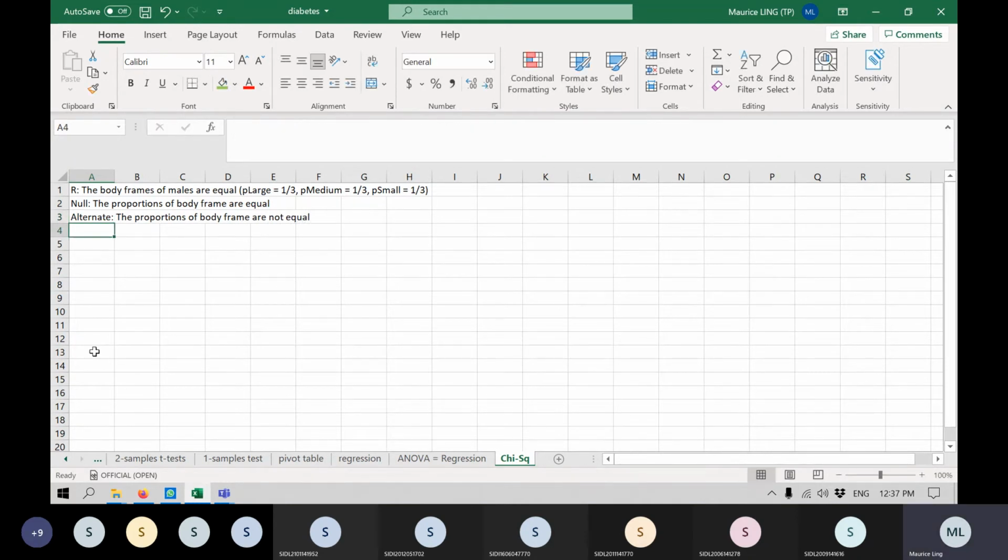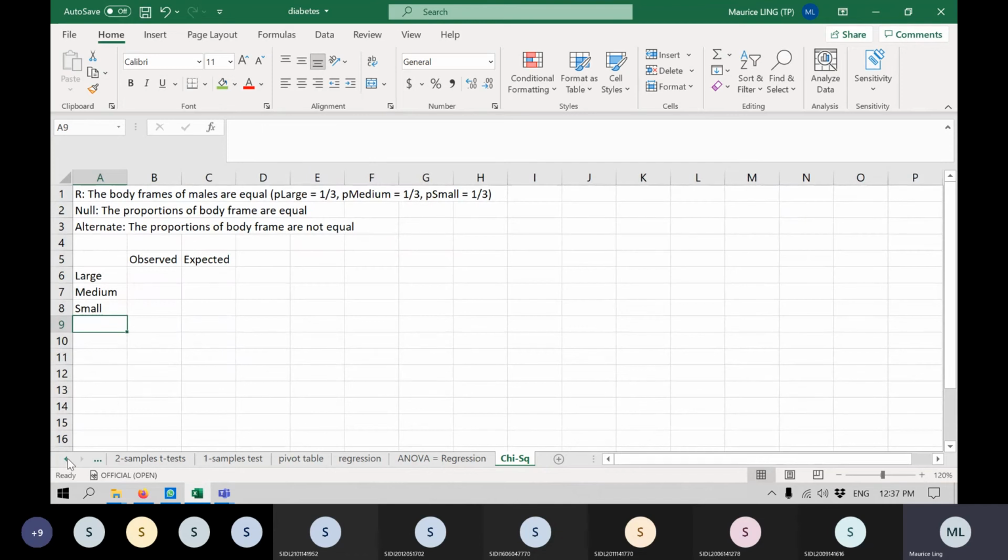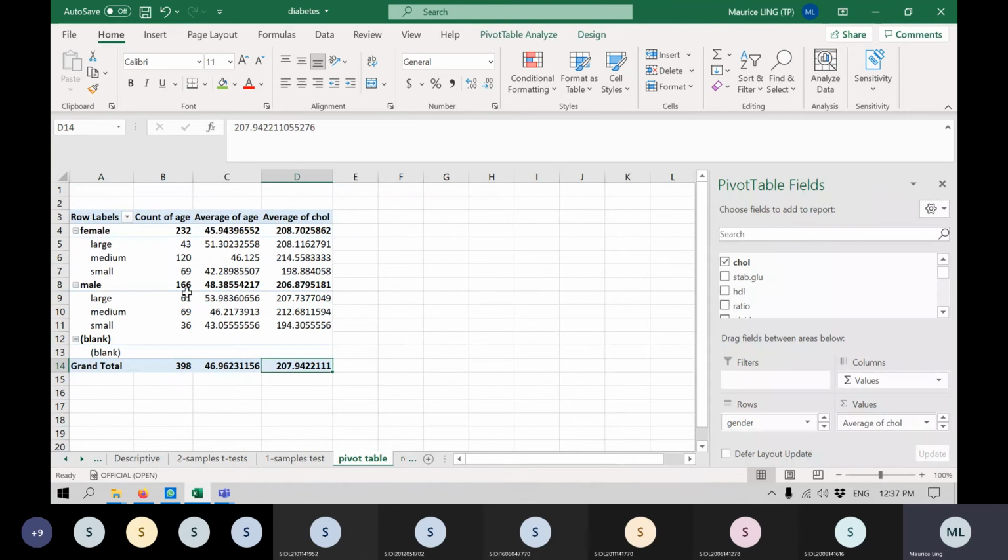In order to do that, we have to have a chi-square table. So we have observed versus expected for large body frame, medium body frame, and small body frame. Where do you get this data from? It's quite simple. We get it from our pivot table. Large, medium, small, we just generate a pivot table to get it.